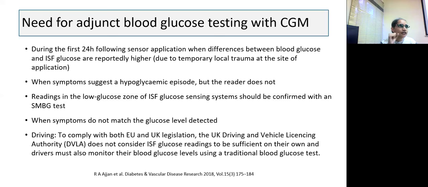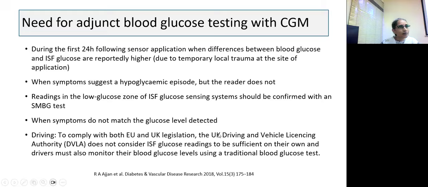Also, in the first 24 hours after the sensor is applied, there may be more differences between the measured glucose in the capillary versus the CGM. It usually attains a stable state after 24 hours of insertion. So we need to be careful in interpreting the first 24 hours and also confirm it with self-monitored blood glucose values.